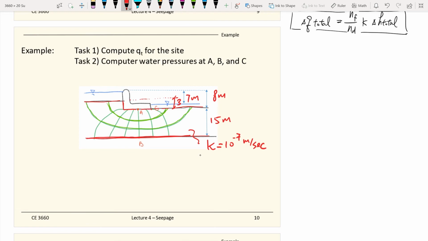Those are also flow lines, if you remember correctly. The no flow boundaries are also flow lines. So we have those two, and then next we draw the equal potential lines. This is equal potential line number one, number two, number three, number four, number five, and number six.